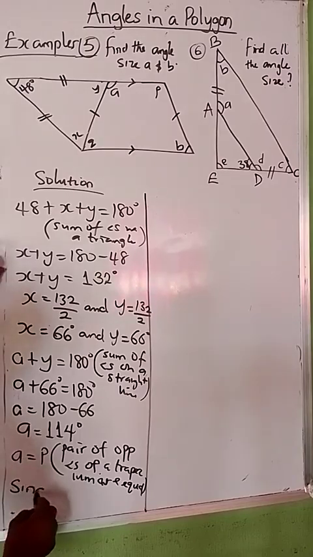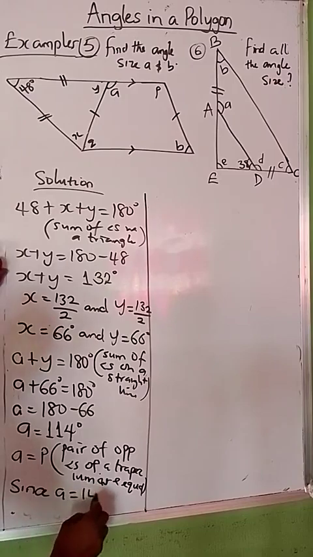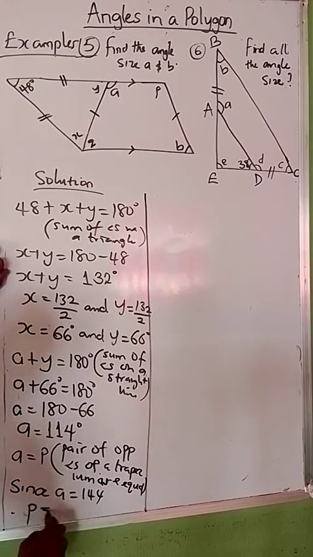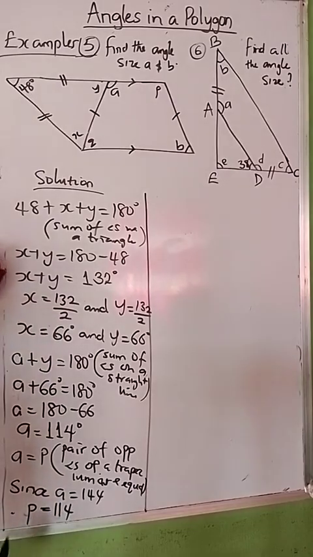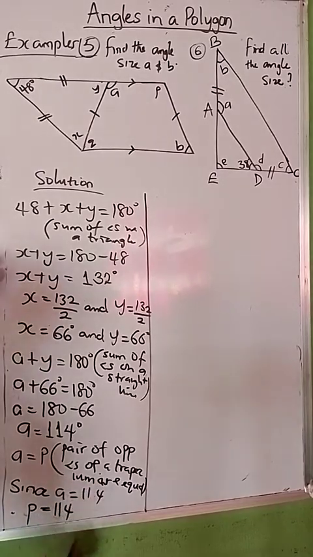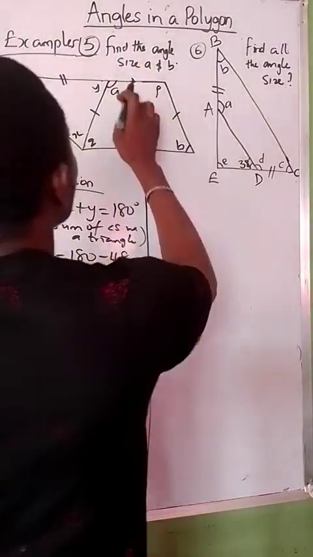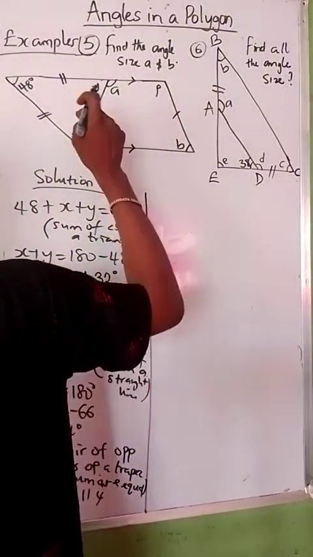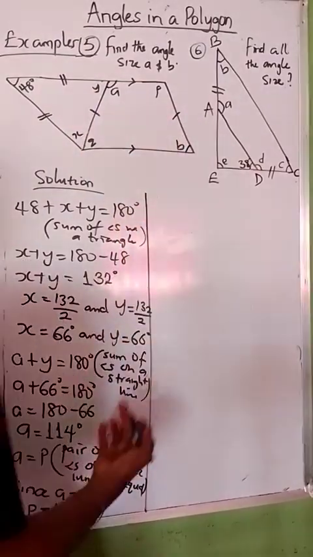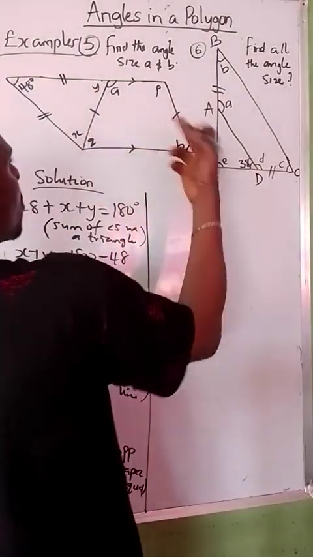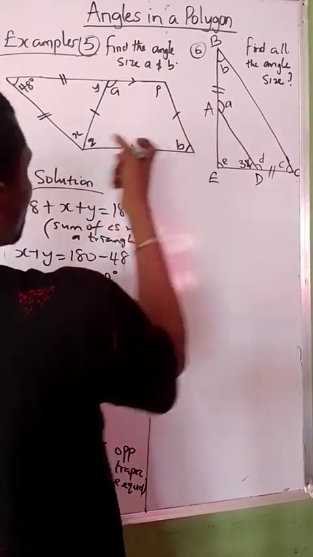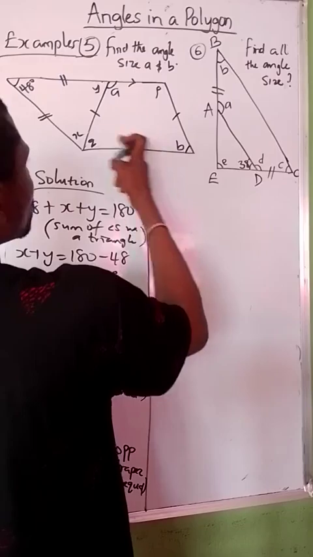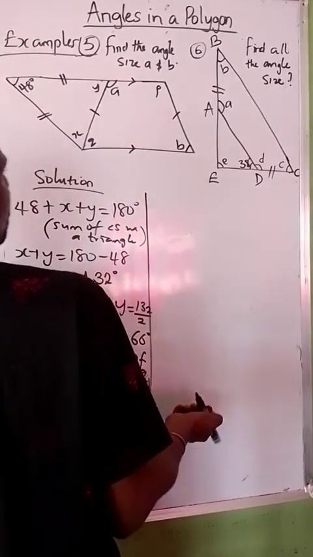So since A equals 114, P also equals 114. Remember, what we are looking for is B. If we can get any of the values, we get the answer.